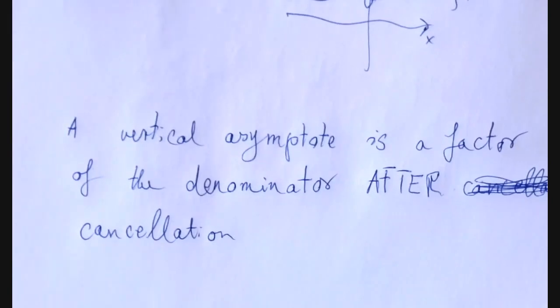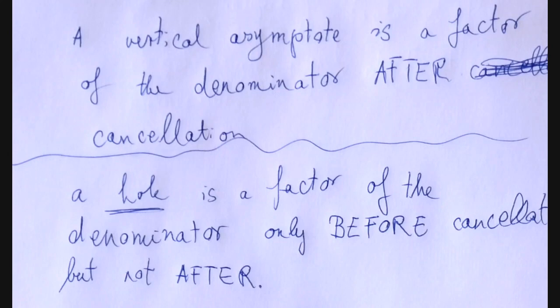So a vertical asymptote is caused by a factor in the denominator even after the cancellation. We have a hole where we don't have a vertical asymptote. That is to say that we run out of those tiny troublemaker numbers in the denominator. That means that in case of a hole, the 0 disappears after the cancellation. So a hole is a factor of the denominator only before cancellation and not after.